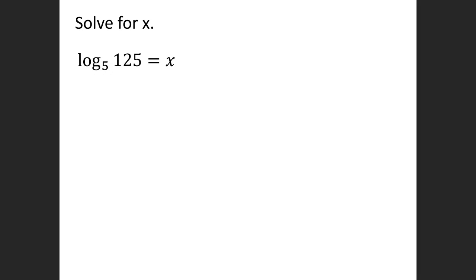One of the easiest ways to solve them is to convert the log into an exponential equation. Since our calculator is not able to solve this automatically, we can use our math knowledge. So let's change this log equation into an exponential equation.